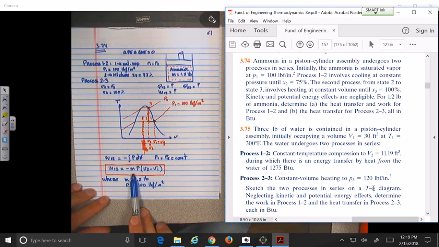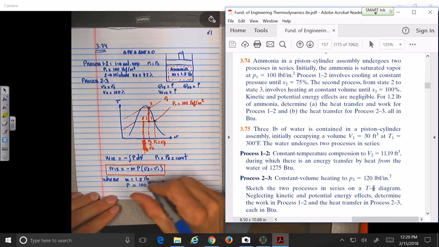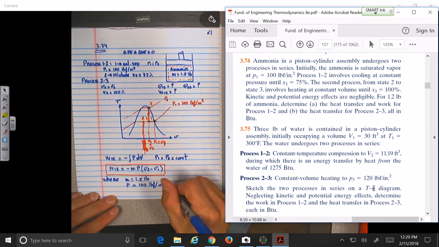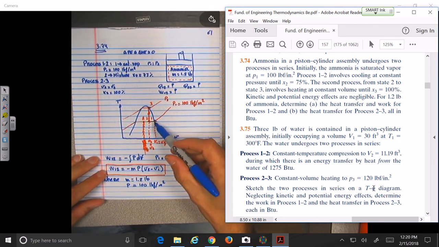Okay, but since we have the mass, this will be minus m times P times V2 minus V1. Okay? I'm guessing that we're going to have to convert this one to square foot, okay? But we can do that. So what would be V1?